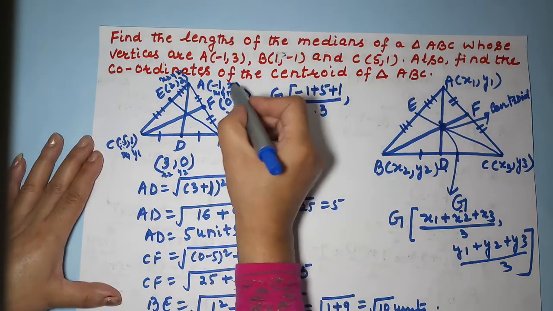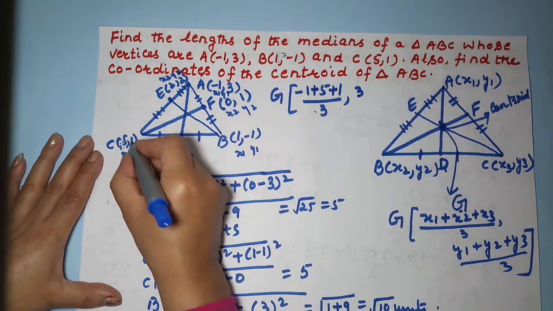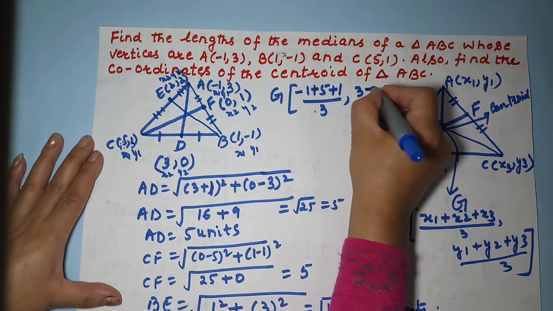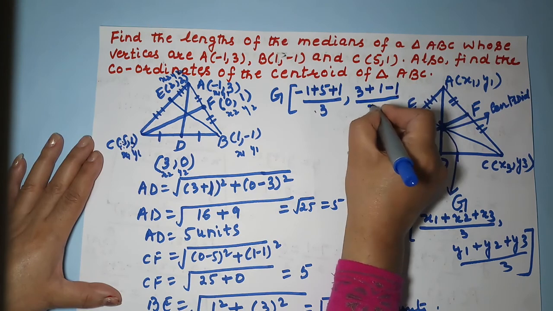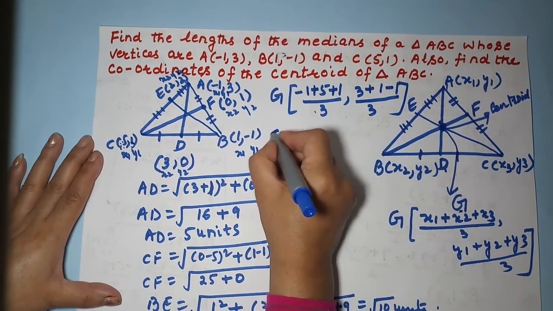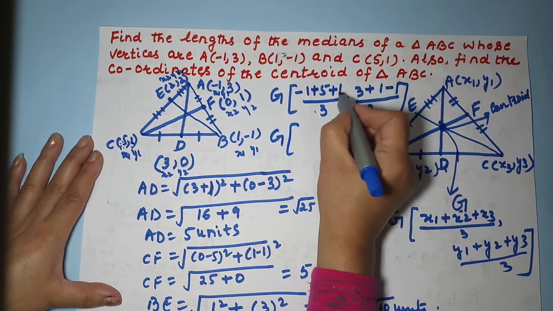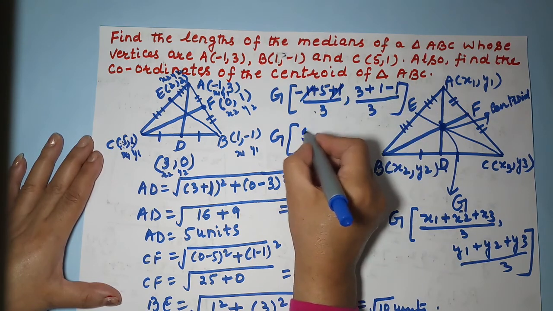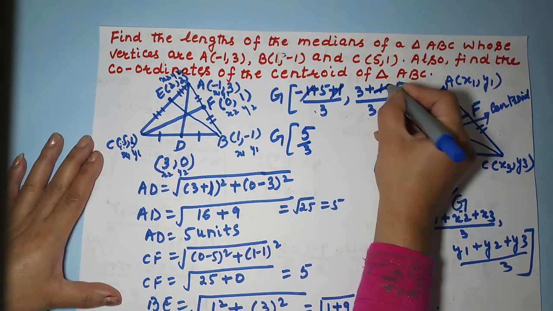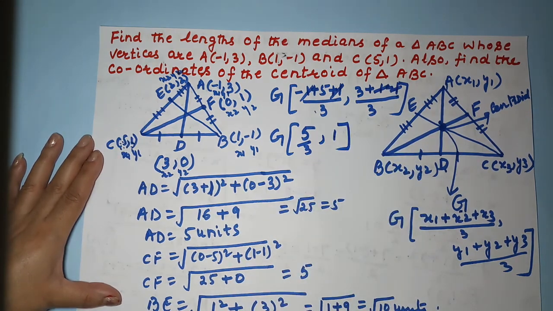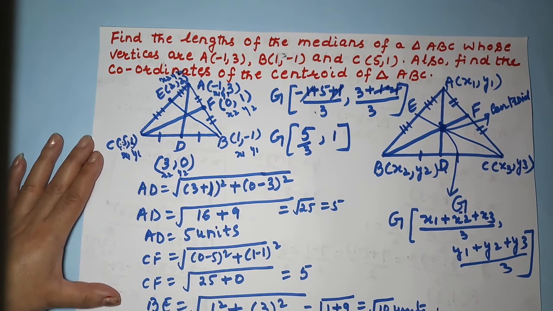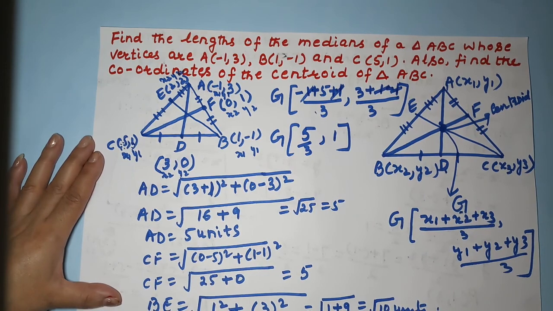Then y1 is 3, y2 is 1, and y3 is -1, divided by 3. So my centroid is 5 by 3, and 3 by 3 is 1. So I have calculated the coordinates of the centroid of this triangle.